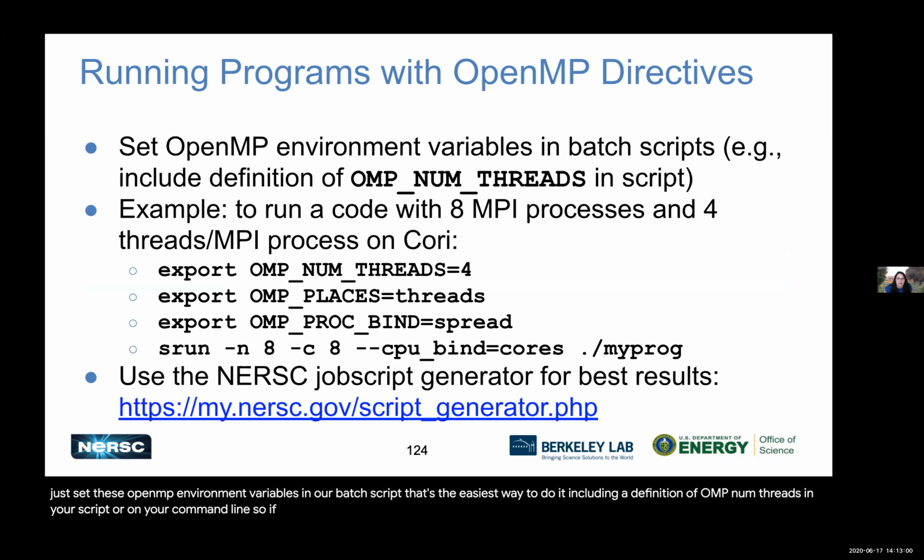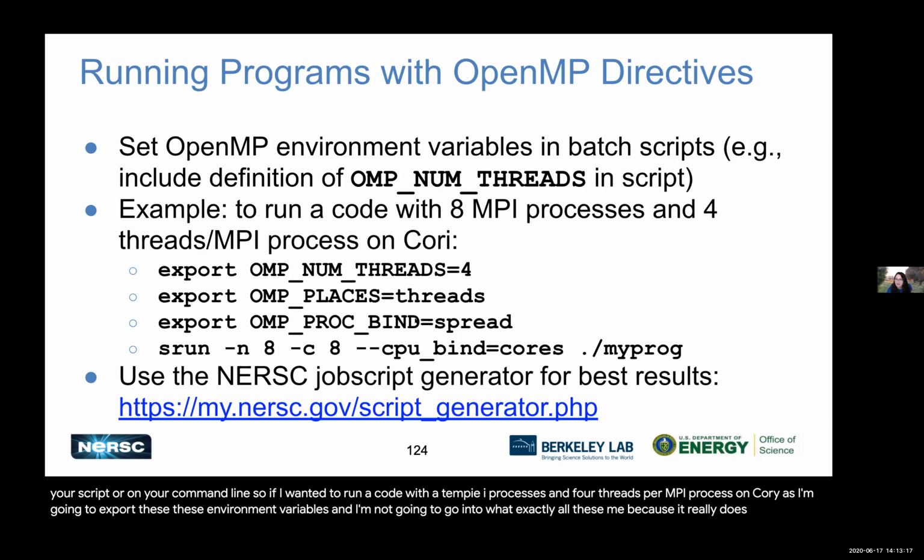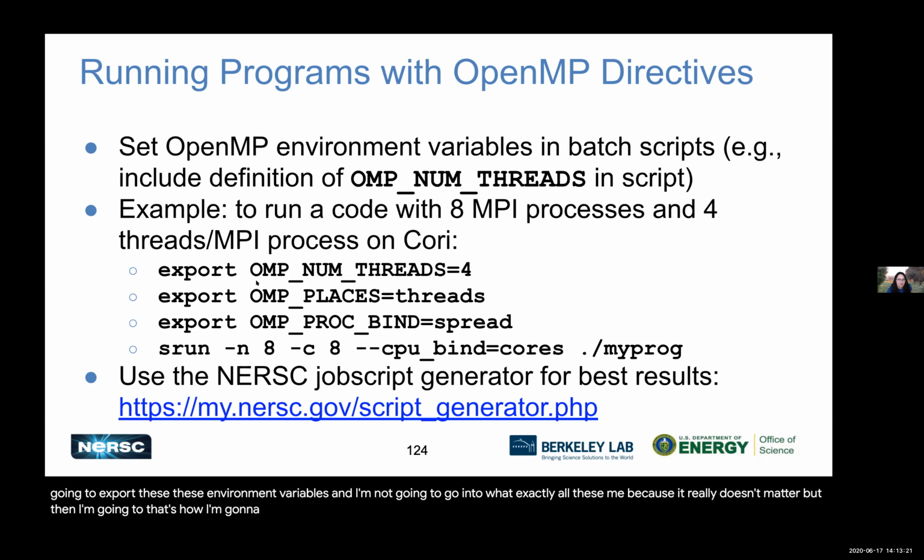So if I wanted to run a code with 8 MPI processes and 4 threads per MPI process on Cori, then what I'm going to do is export these environment variables, and I'm not going to go into what exactly all these mean because it really doesn't matter. But that's how I'm going to run it. I'm going to set OMP_NUM_THREADS to 4, and then I'm running on 8 processors.